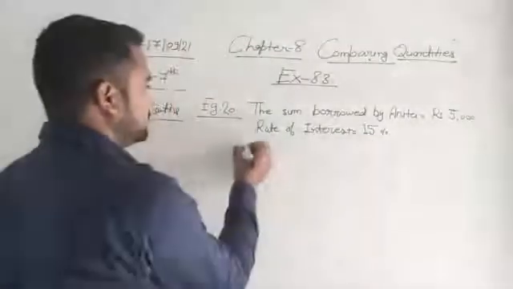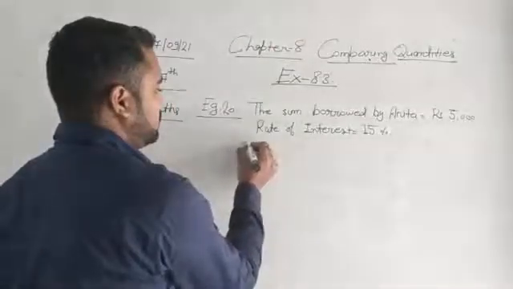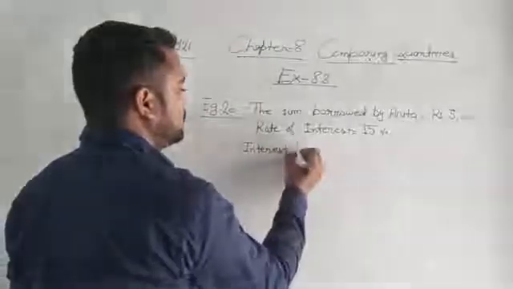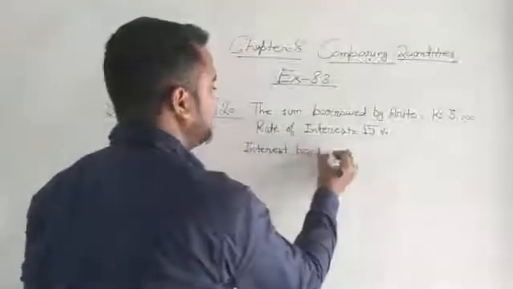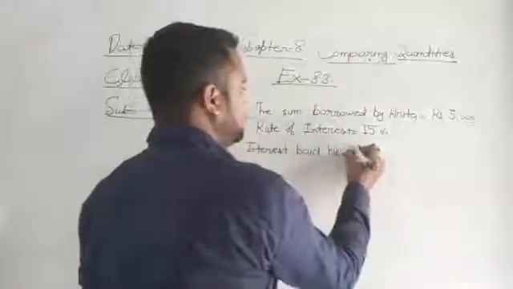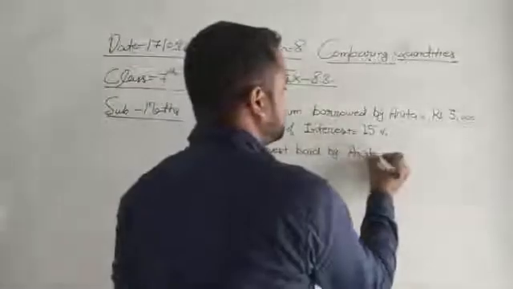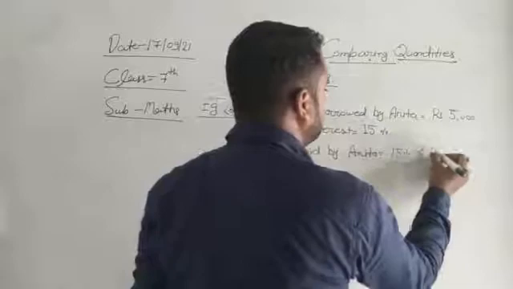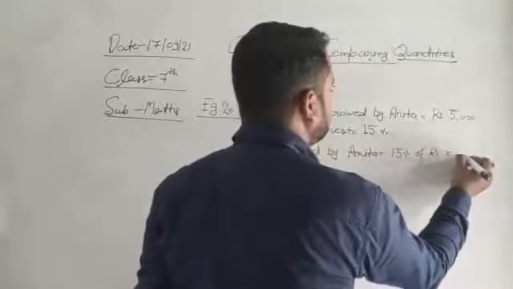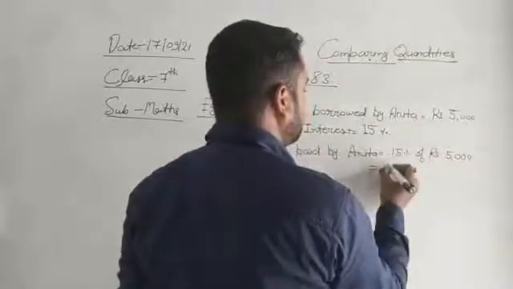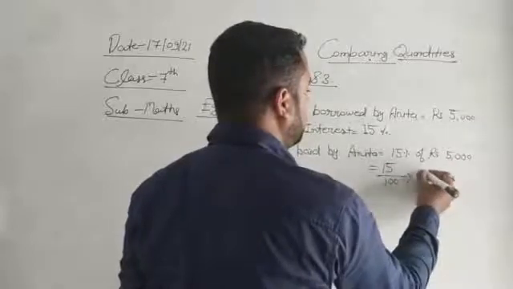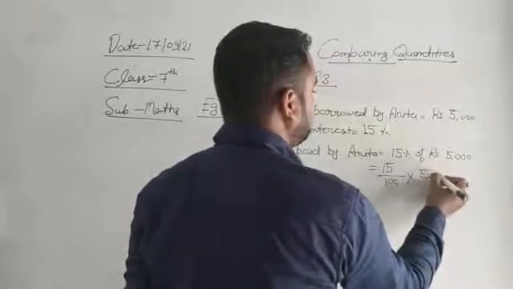So interest paid by Anita is 15% of rupees 5000. So 15% is 15 upon 100 into 5000.